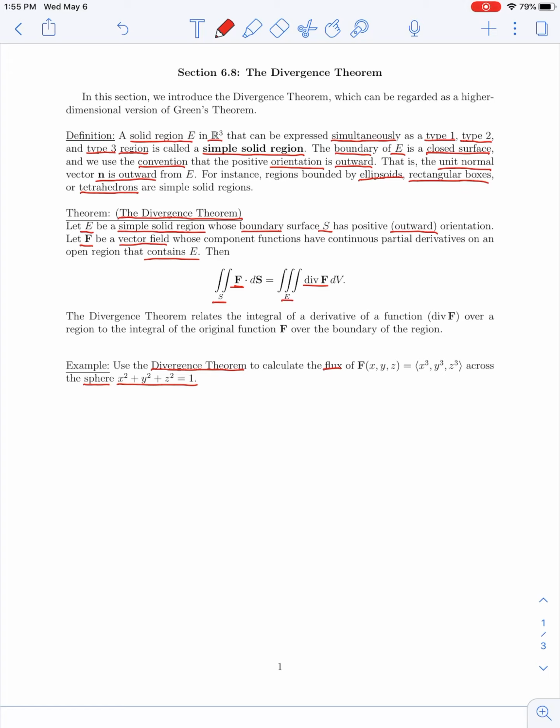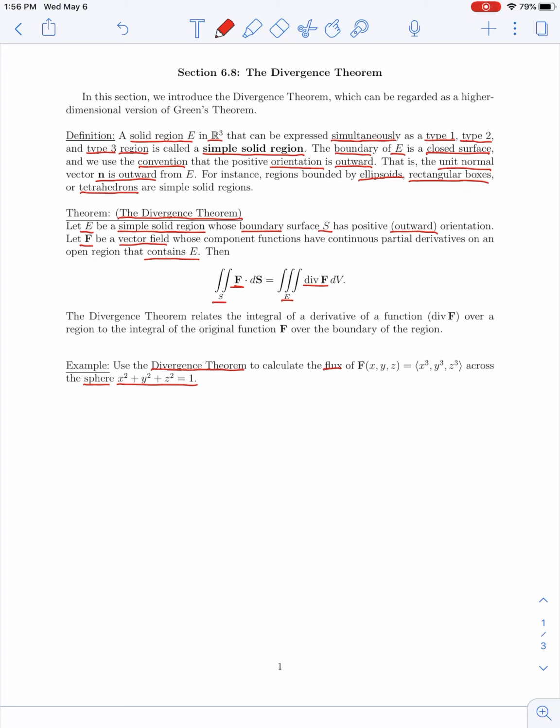We could parameterize this unit sphere by making use of spherical coordinates, and then use our formula for the flux integral over a parametric surface. But we saw in our earlier chapter 6 work that the formula for the flux integral over a parametric surface requires us to find partial derivatives of the vector function describing our surface, taking the cross product of those partial derivatives, expressing our vector field in terms of the parameters, and then taking its dot product with that cross product and evaluating some double integral.